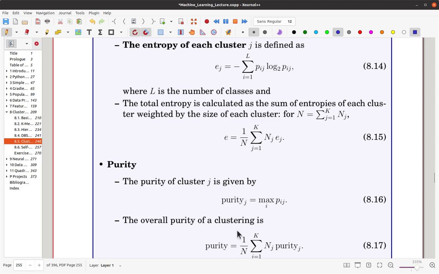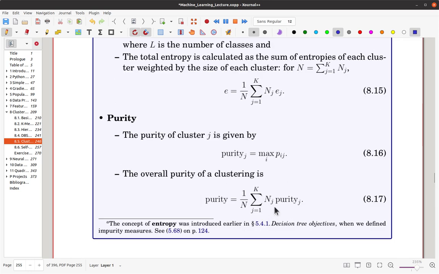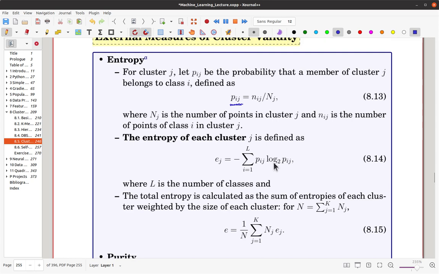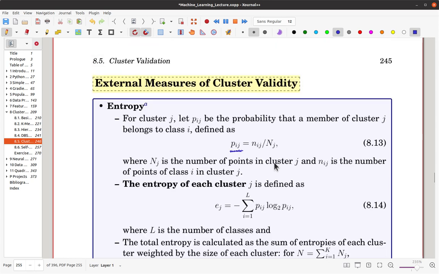And here the overall purity is defined in this way. So by using entropy and purity, you can also validate the clustering. However, it requires labels, ground truth information.